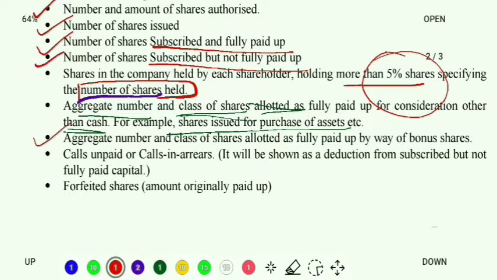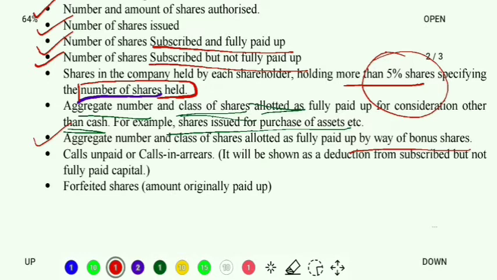We have the aggregate number and class of shares allotted as fully paid up by way of bonus shares. Now, what are bonus shares? The existing shareholders of the company get certain shares as bonus shares. And there is a ratio, like it can be 1:1 or 2:1.